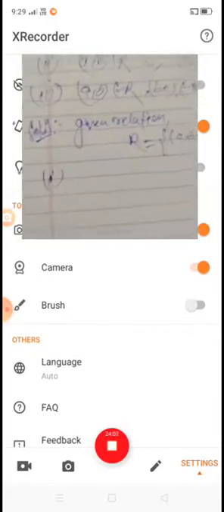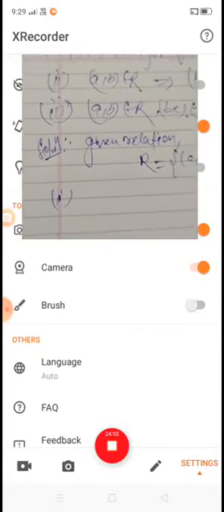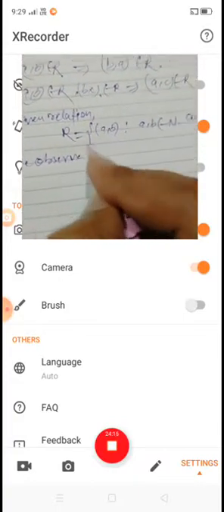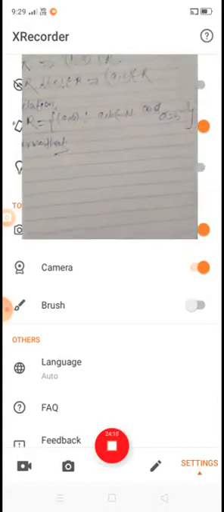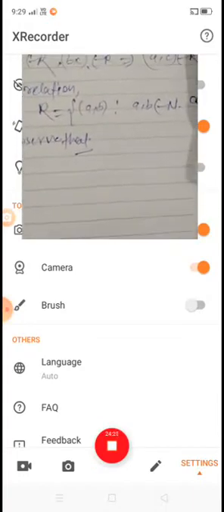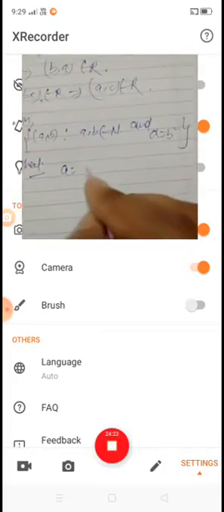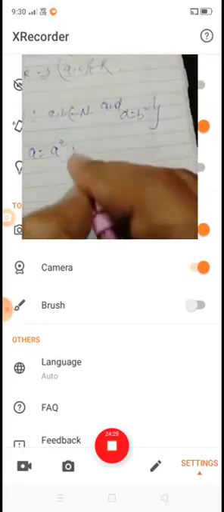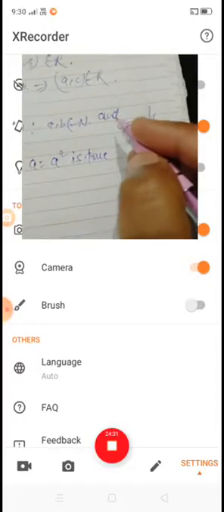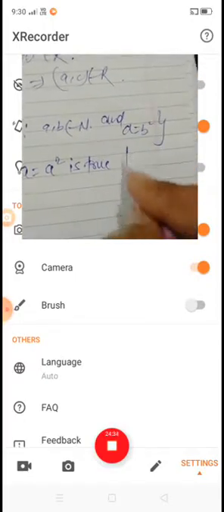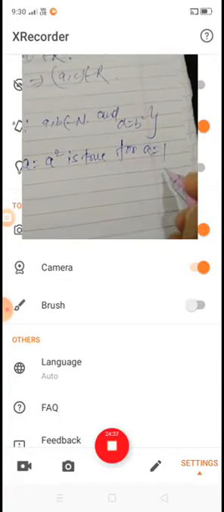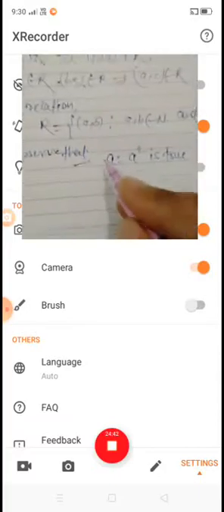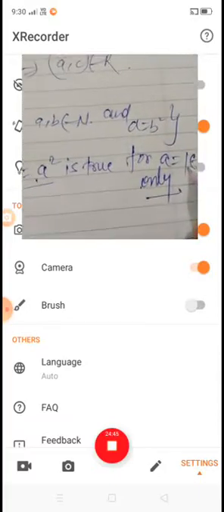In the first, we observe that A is equal to A square is true for A is equal to 1, which also belongs to natural numbers. It is true for only one value, that is A is equal to 1.